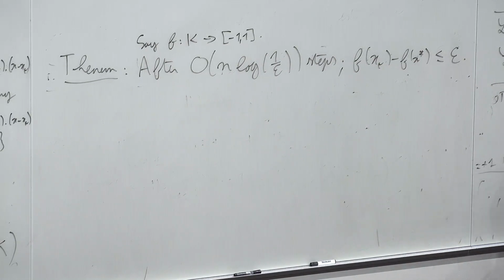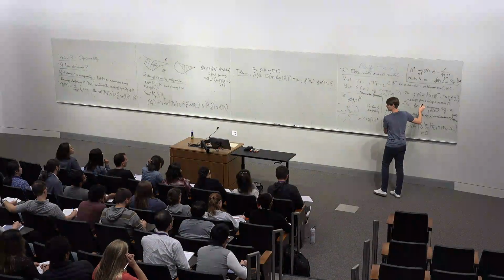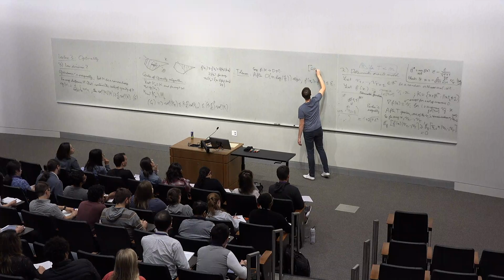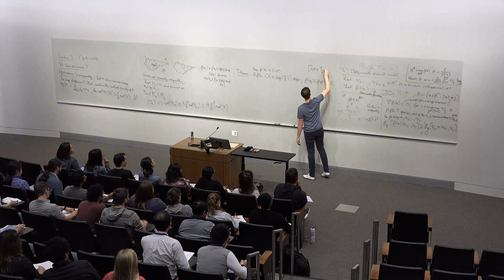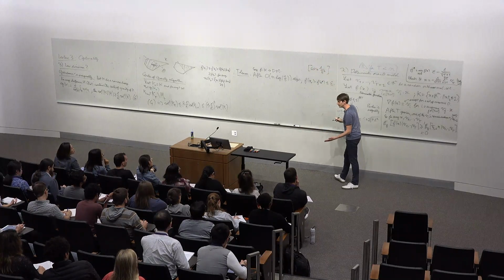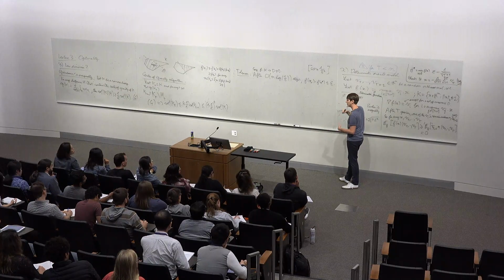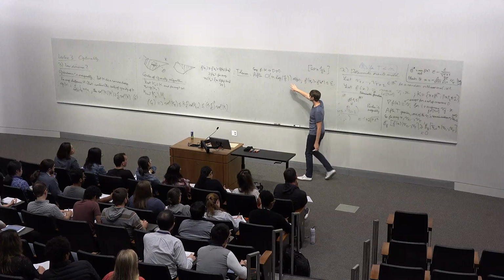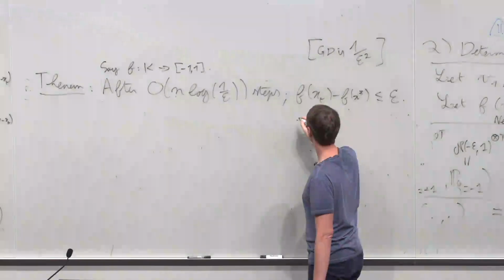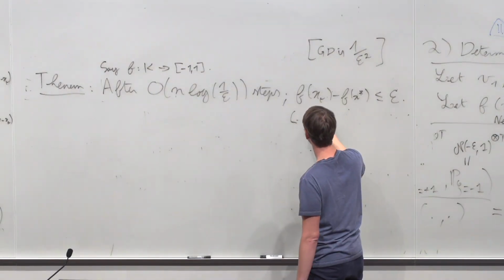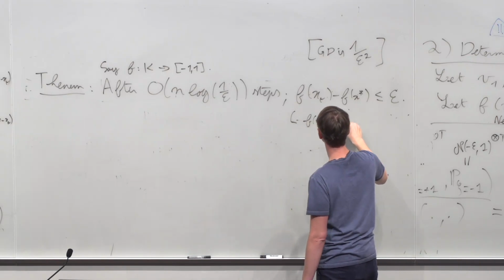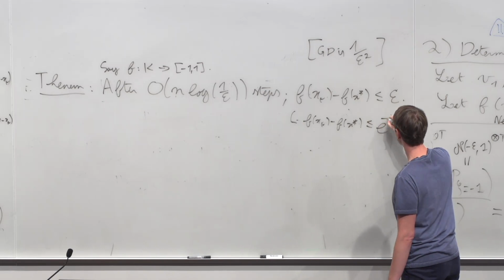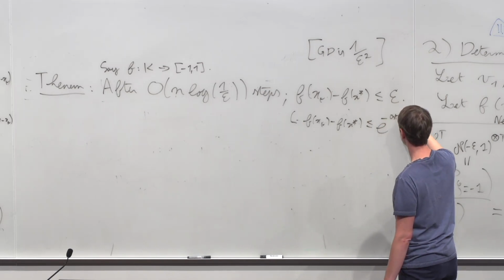So this is much better than what we were proving with gradient descent, right? Gradient descent is 1 over epsilon squared. A 1 over square root t guarantee in terms of epsilon translates into a 1 over epsilon squared. So you're much, much faster. Another way to say this is f of x_t minus f of x star is upper bounded by exponential of minus some constant times t over n.